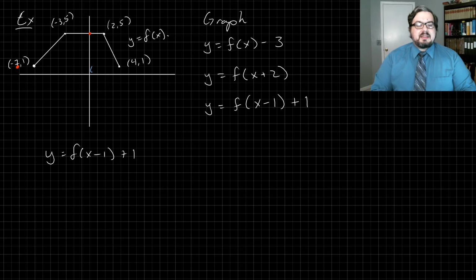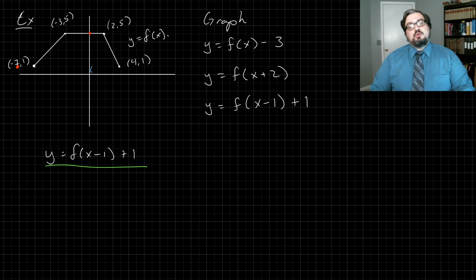All right, so now if we look at y equals f of x minus 1 plus 1, we can see that there are two changes that are being made. And in order to get from the graph of f that we have to the graph of the new function f of x minus 1 plus 1, which I'll do in green, we're going to do two separate translations.